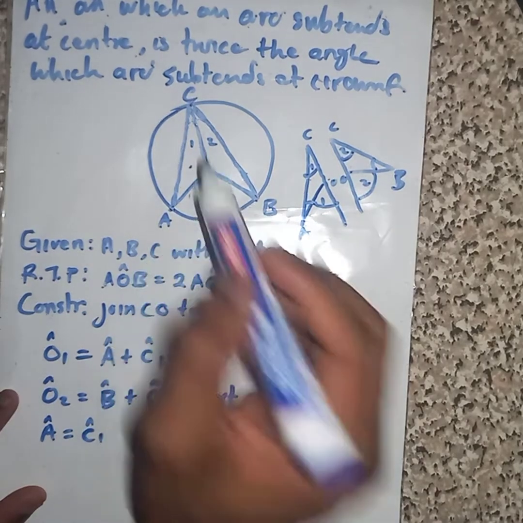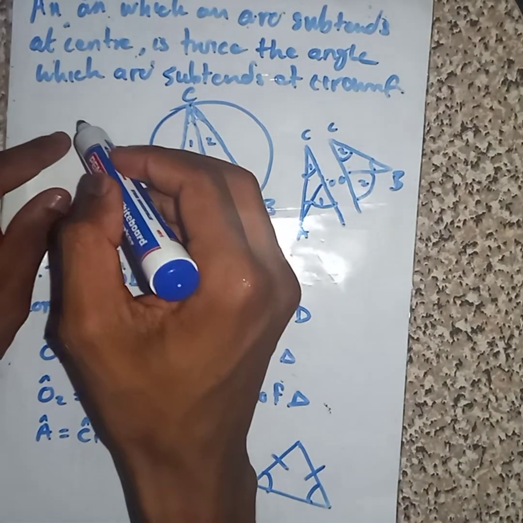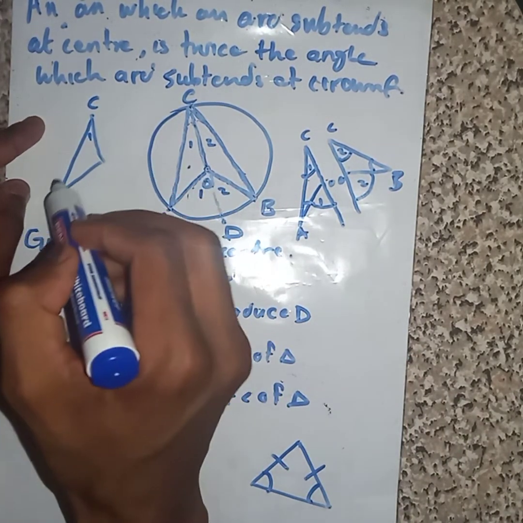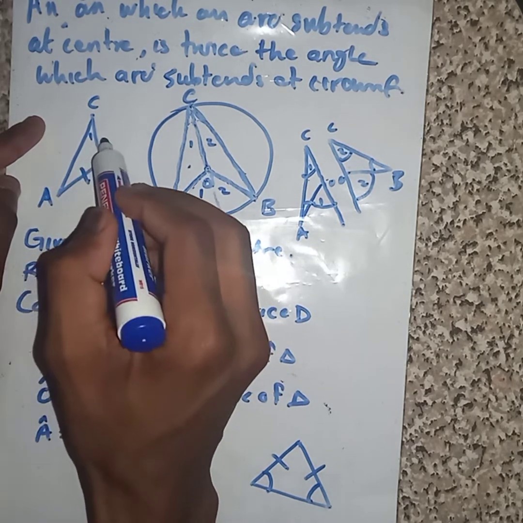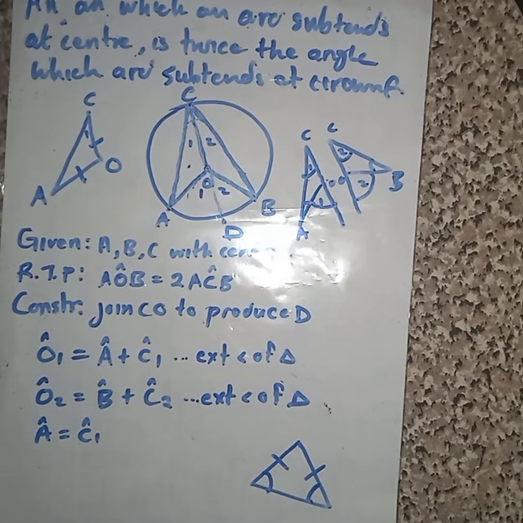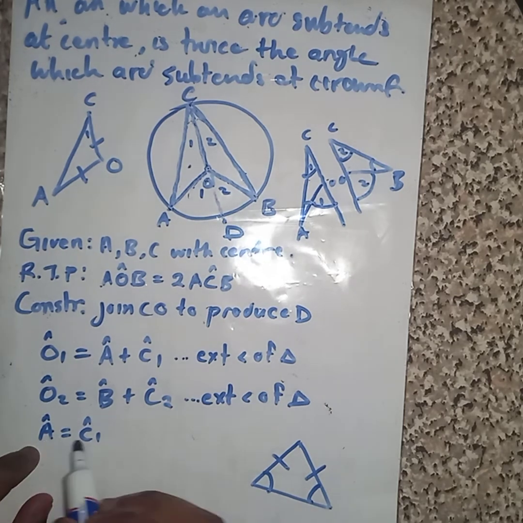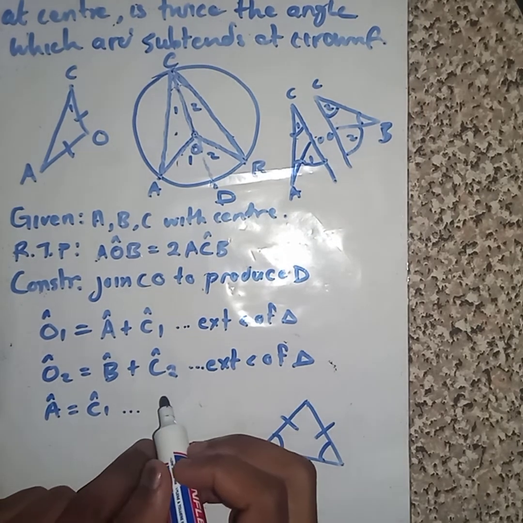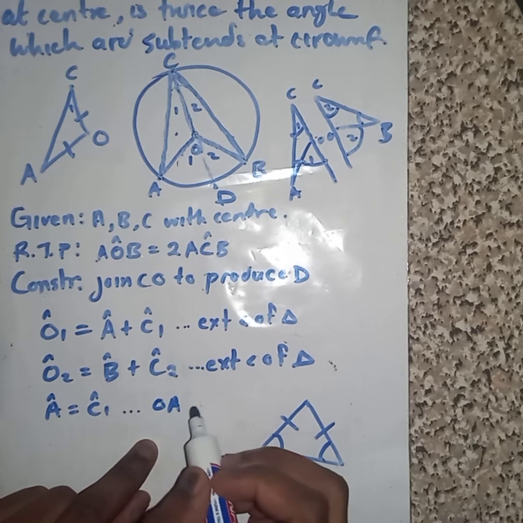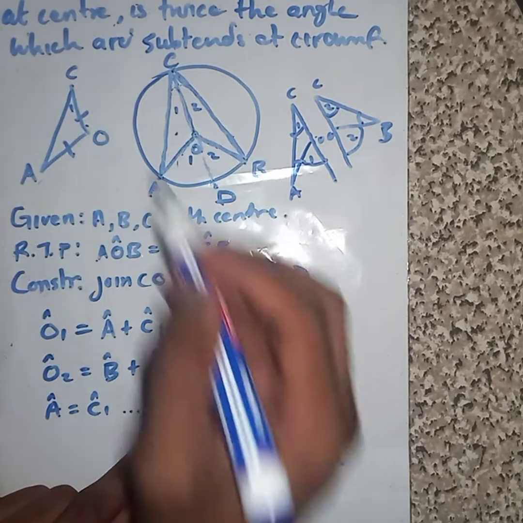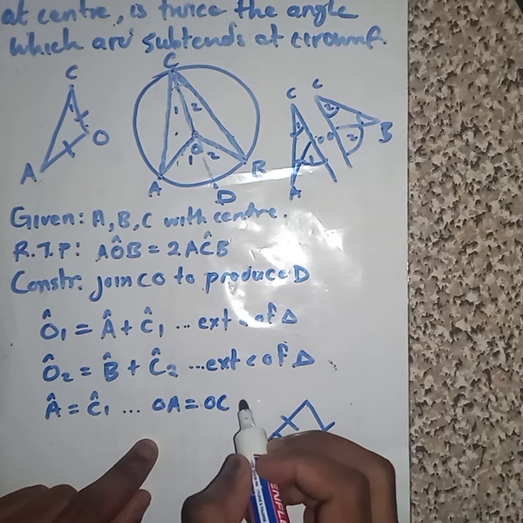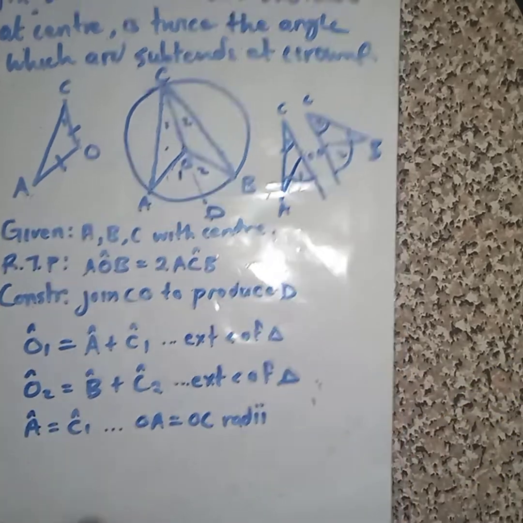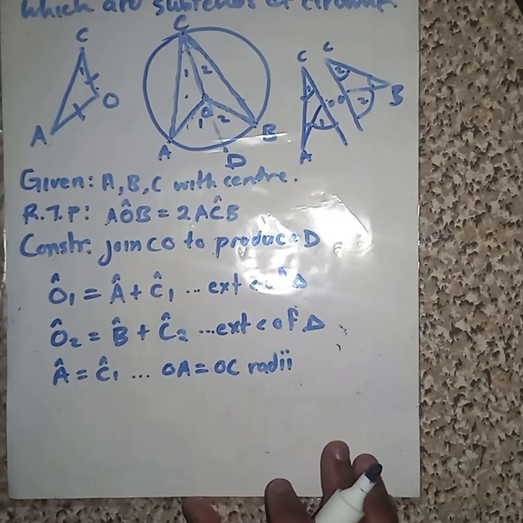We get a situation which is like this. If I were to split this triangle, going to be C1 there with A, O. I have two radii, you see. Then we are going to say A is equal to C1. Then your reason is OA is equal to OC, those are your radii.